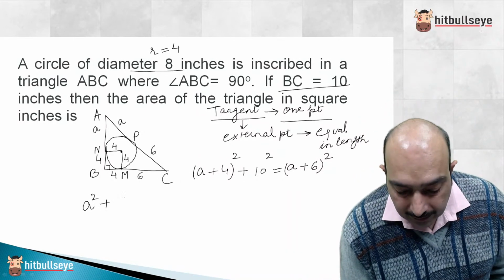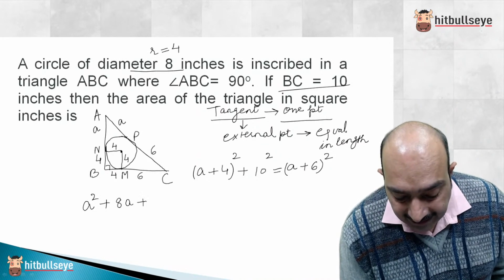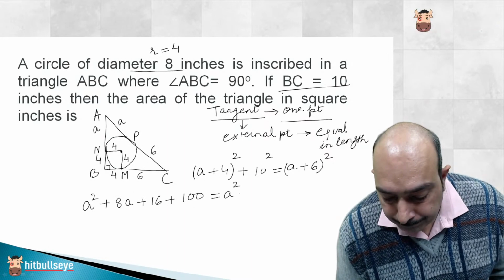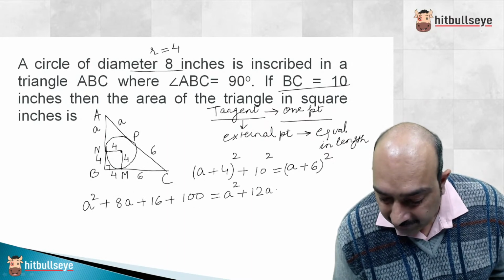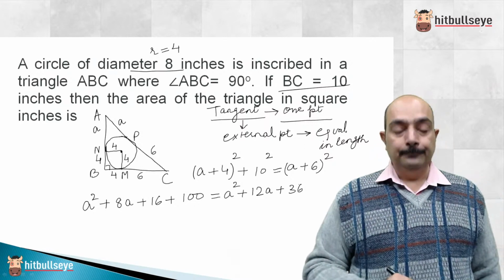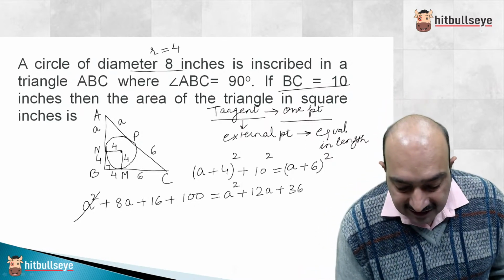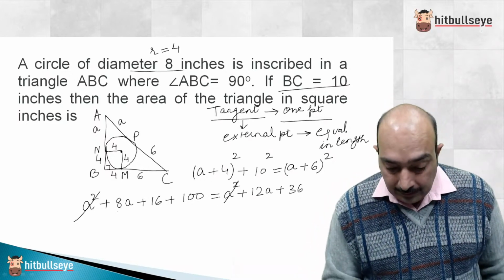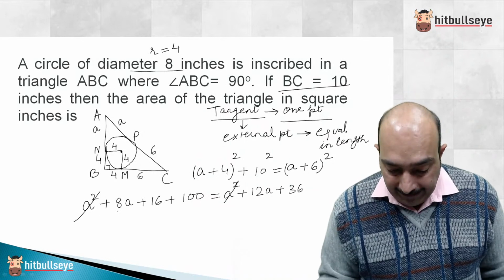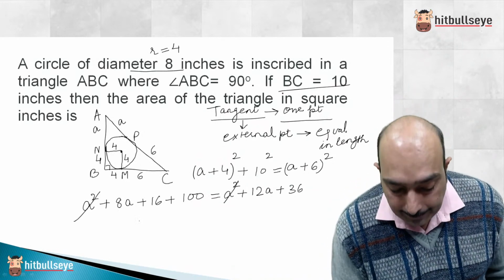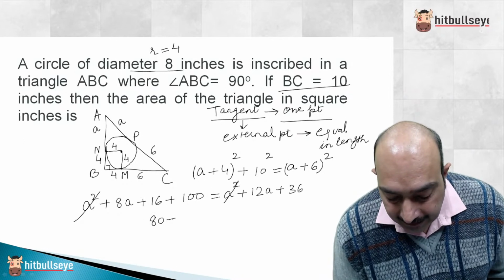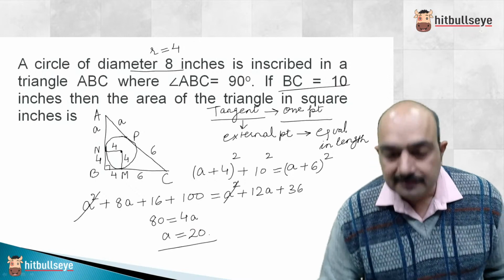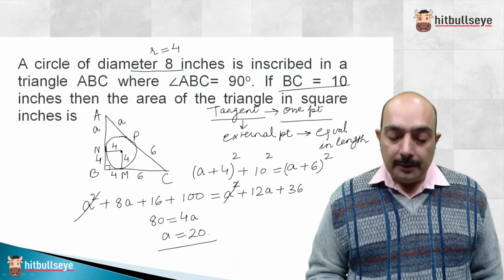This becomes a square plus 8a plus 16 plus 100 equals a square plus 12a plus 36. So a square cancelled, so there is no quadratic. Lucky you all. So this becomes 4a equals 80. That tells you the value of a as 20. And your question is over.